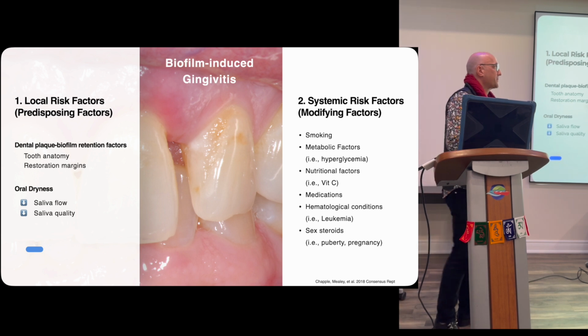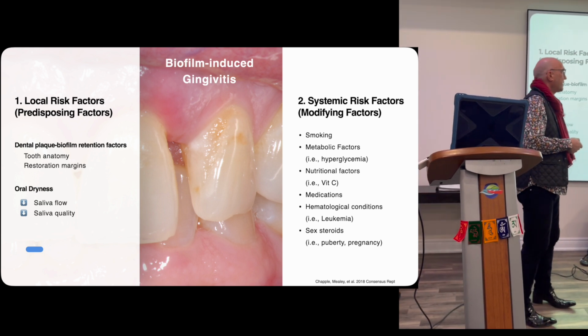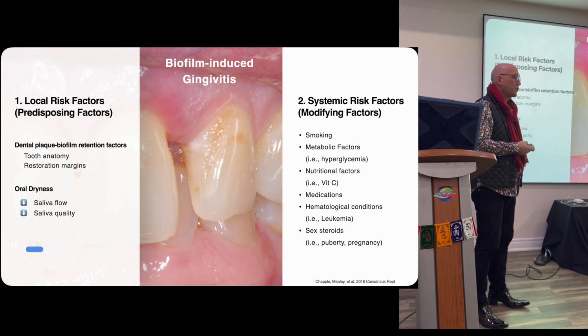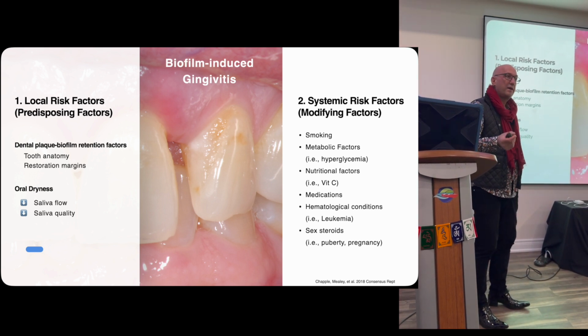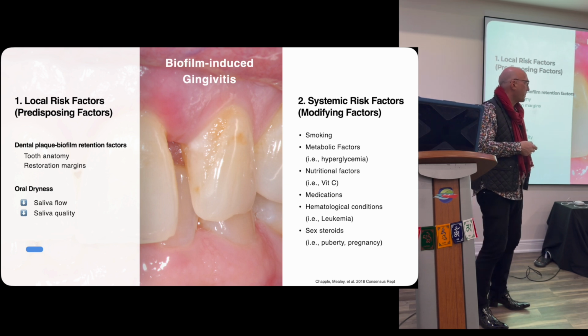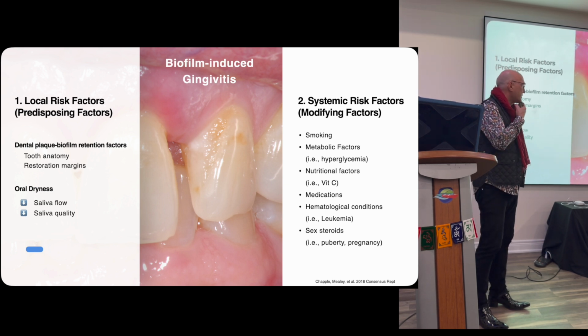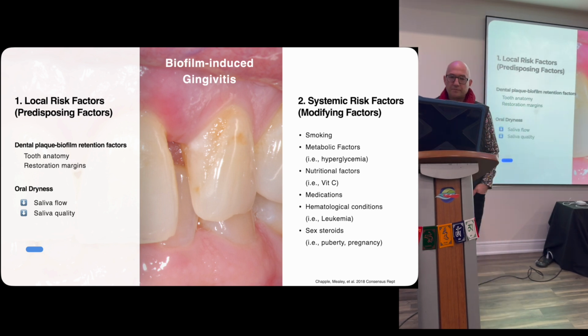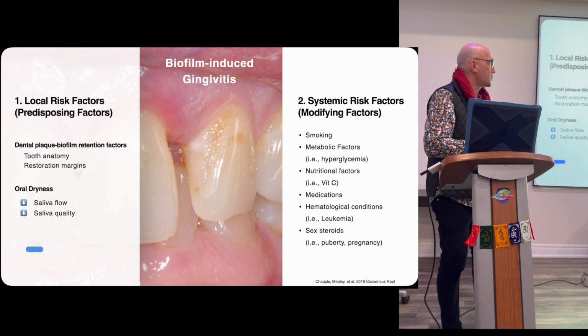And then systemic risk factors: smoking, metabolic factors, vitamin C deficiencies, certain medications, many medications, taking a number of medications together even will change that. Hematological conditions, sex steroids, these things will change your susceptibility to biofilm-induced gingivitis.